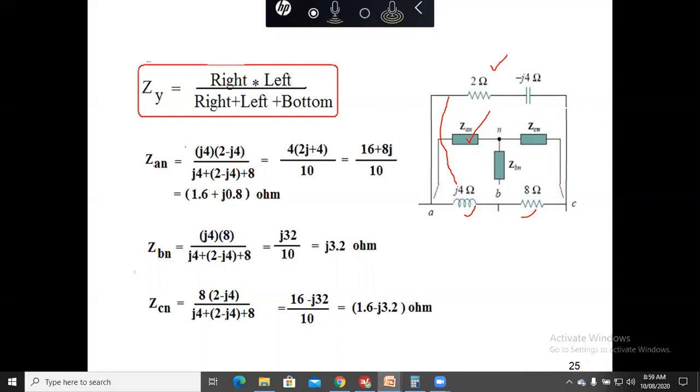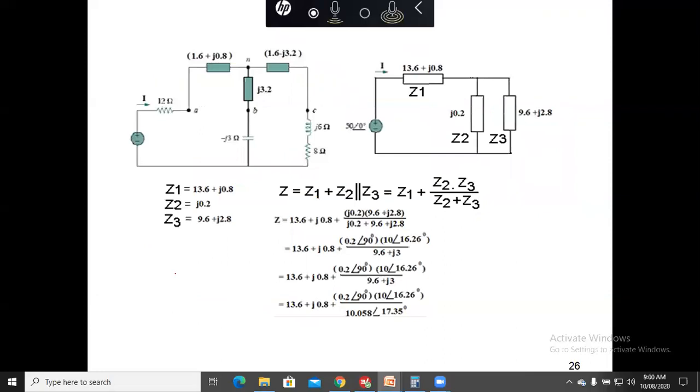So you calculate the value of ZAN, ZBN, and ZCN. After calculating these values, you put them here. So this is the network split up into the Y network, right?